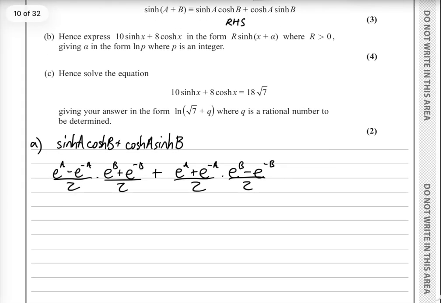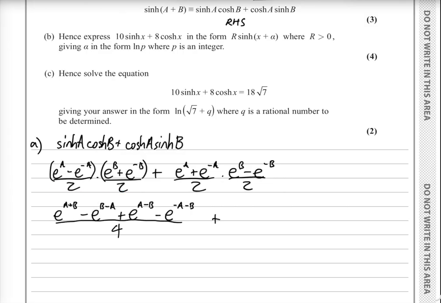Now it's just a case of simplifying everything. We're multiplying these, don't forget these have got brackets around them. So we've got e to the a plus b minus e to the b minus a plus e to the a minus b minus e to the minus a minus b. And all of that is over 4.